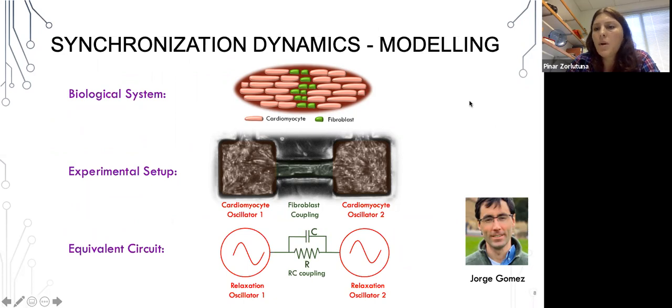And the modeling part is mostly done with Jorge Gomez, the student of Suman Datta, who is about to graduate these days. He used SPICE modeling and modeled the bio-oscillators, the muscle cells, as relaxation oscillators coupled by a fibroblast bridge that has RC-type coupling. Those are the requirements for this whole thing to work as a relaxation oscillator and be able to do computing with the coupling dynamics that we would extract from that.